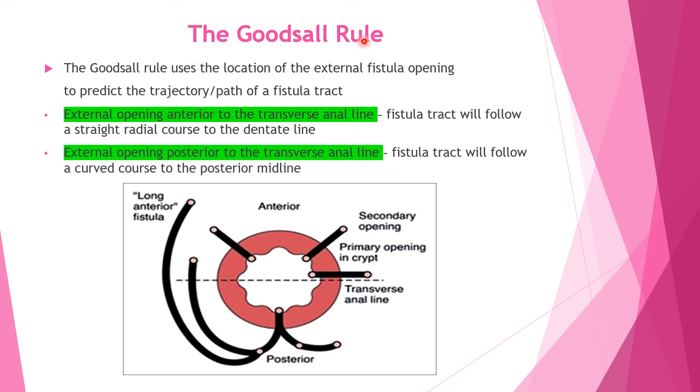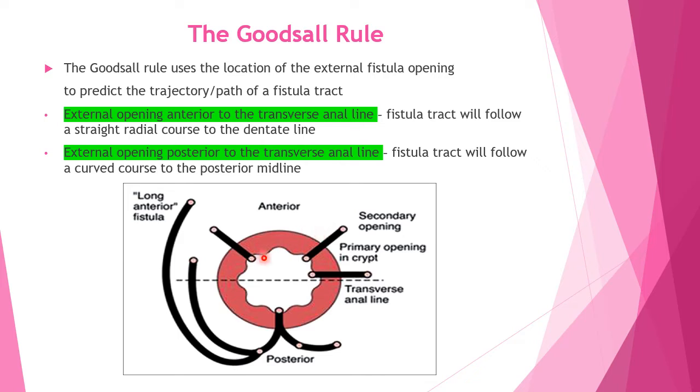Goodsall's rule is another important rule that is used in describing or dealing with fistula in ano. This rule uses the location of the external fistula opening to predict the trajectory or the path of the fistula tract from the anal mucosa. There are two situations. First, when the external opening is anterior to a transverse line across the anus.